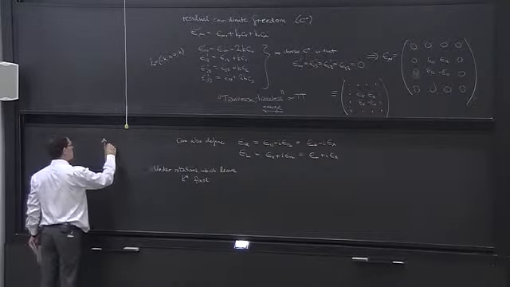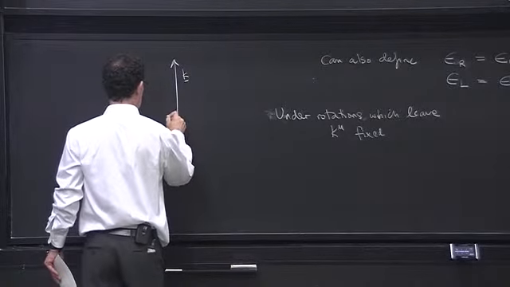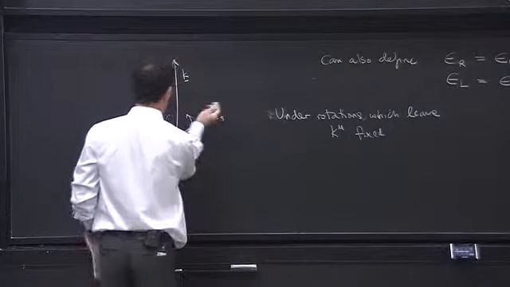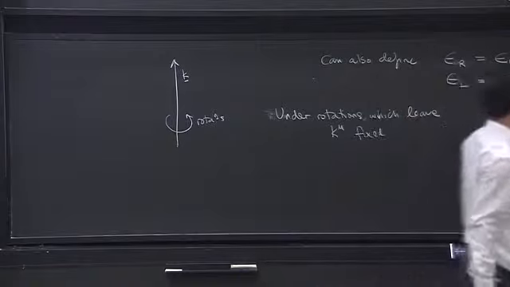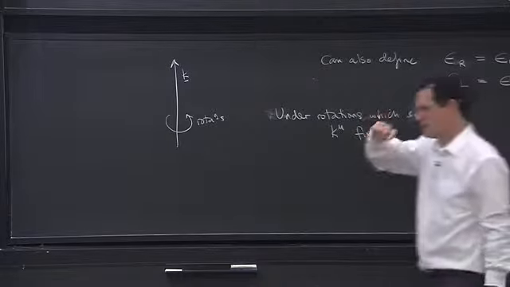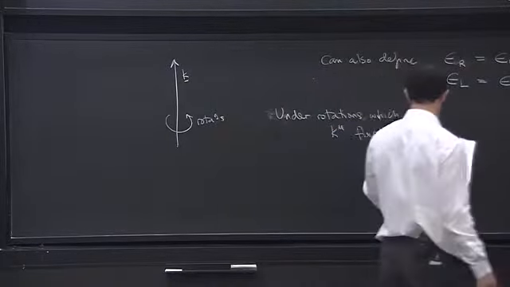So here's my k vector. And if I do rotations about the z-axis, I'm going to transform 1 into 2. And I'm going to transform these components of H, the 1,1 component into the 1,1, and into the 2,2, and the 1,2. They're all going to mix under these rotations.